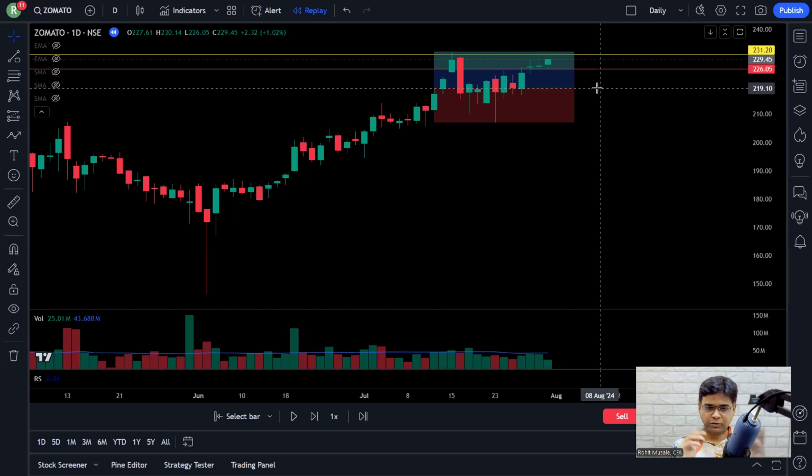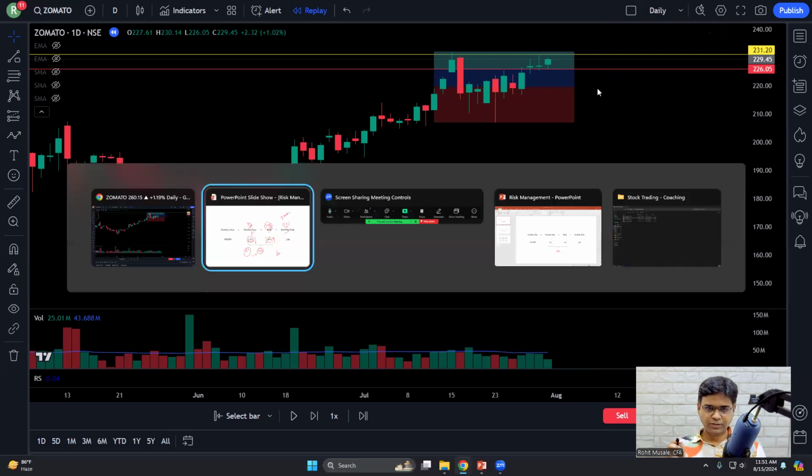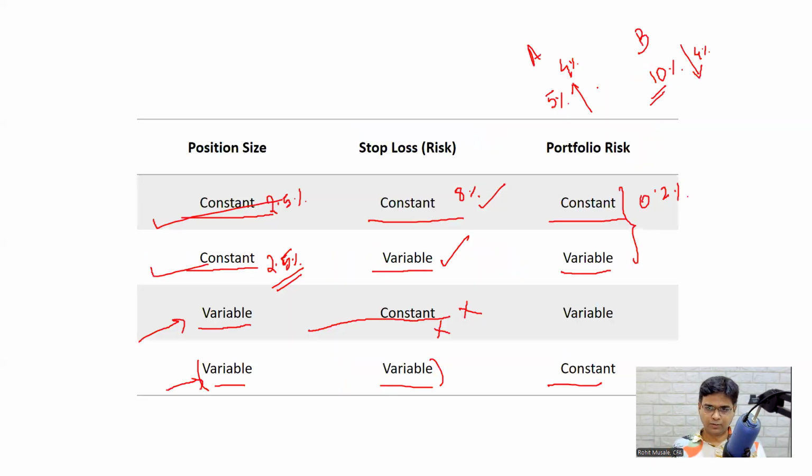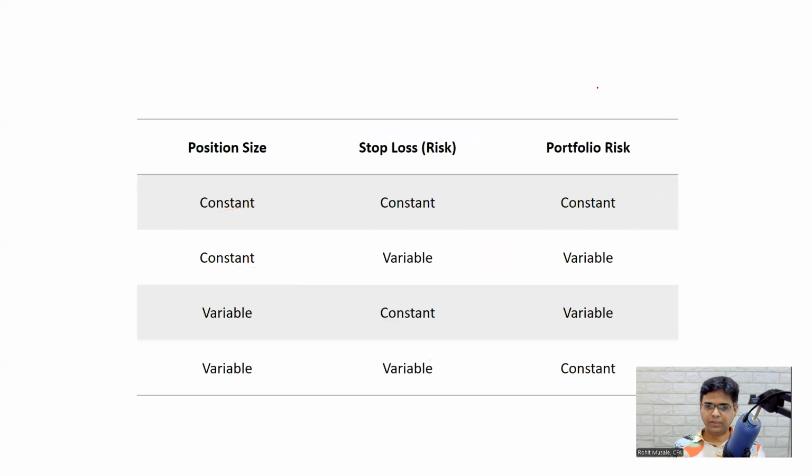Now, you understood all four systems. The question is when to use what. Now, this is the difference between a normal professional trader and a champion professional trader. Okay, you should know when to use which system. So basically, if you see Mark Minervini, who is a two-time US investing champion, he starts with somewhere here, and then gradually he moves to this system. I have not seen him use this system.